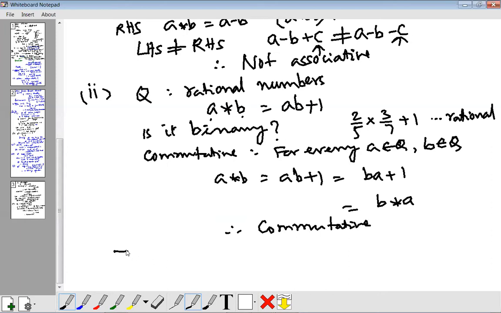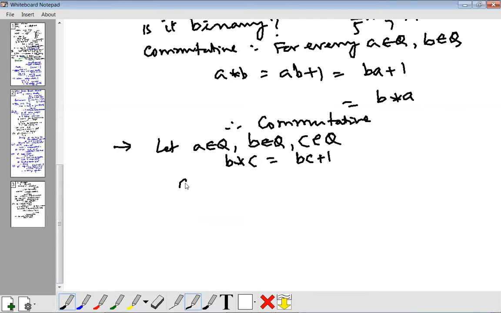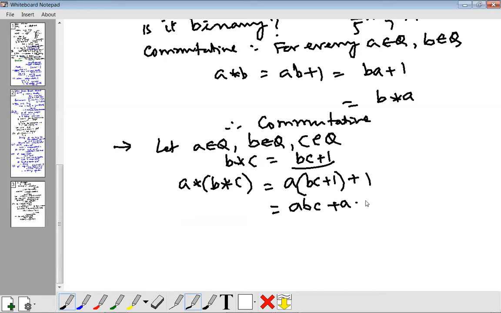Next, associative. Let a, b, c belong to Q. First do b star c, which gives bc plus 1. Then a star (b star c) is a multiplied by the entire thing bc plus 1, plus 1, which equals abc plus a plus 1.